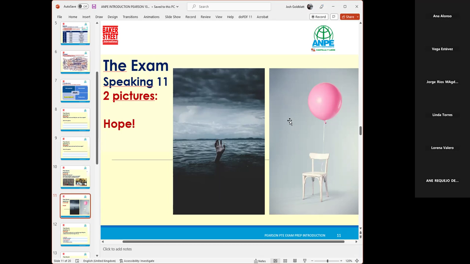In the left picture, we can see a hand coming out of the water, I think it's an ocean. And it's a storm day. And in the right picture, we can see a balloon, a chair with a pink balloon, and that's it.